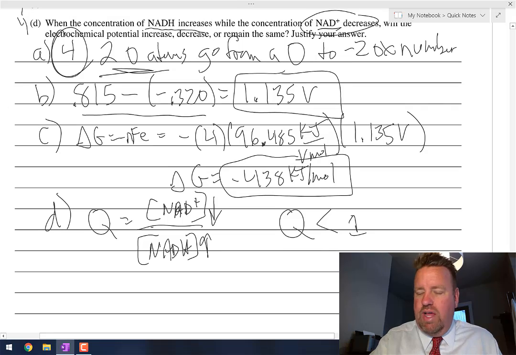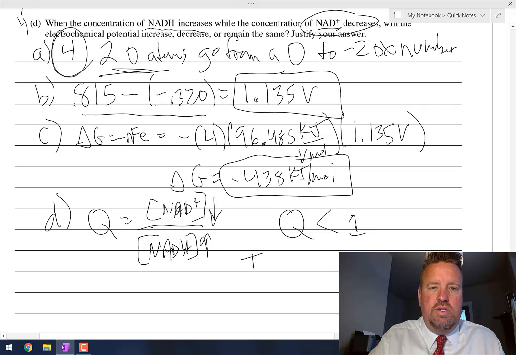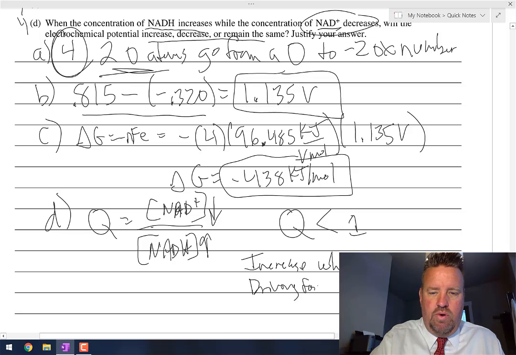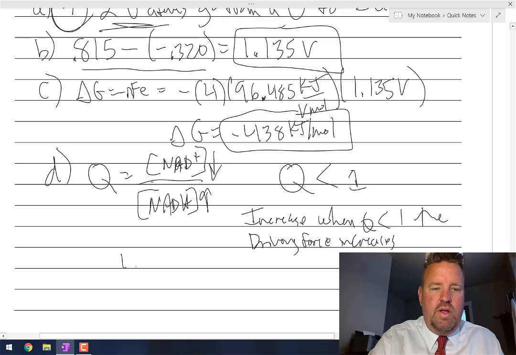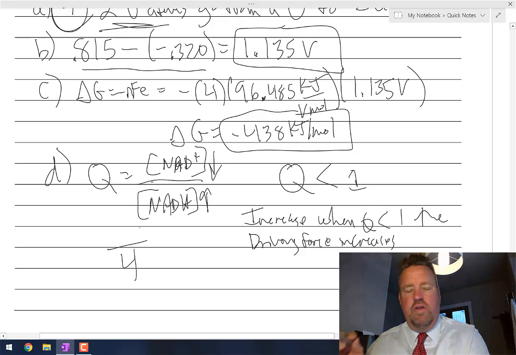And when Q is less than 1, that increases the driving force. So will the cell potential increase, decrease, or remain the same? It will increase. And you'll just say when Q is less than 1, the driving force increases. Okay, just a 1 point response there as well. So that is out of 4.